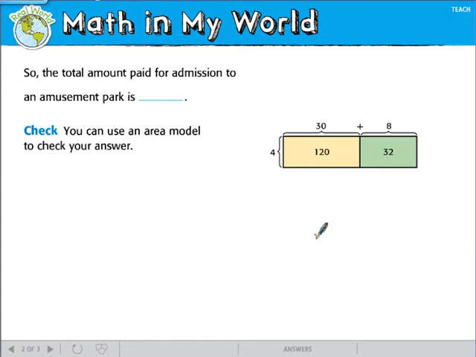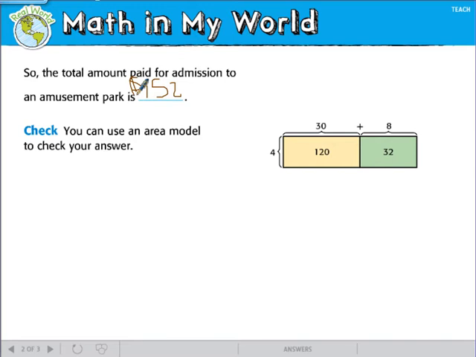So the total amount paid for admission to the amusement park is $152. We already talked about it. We solved it.